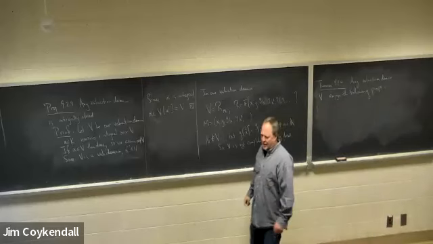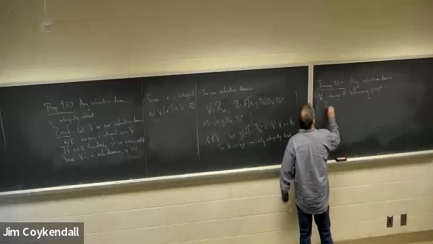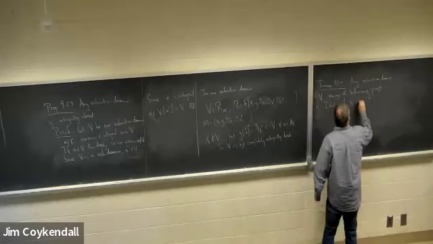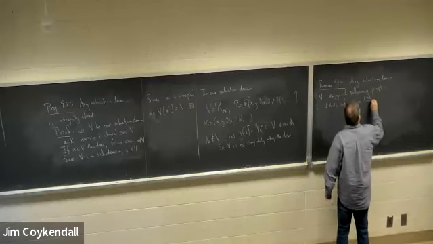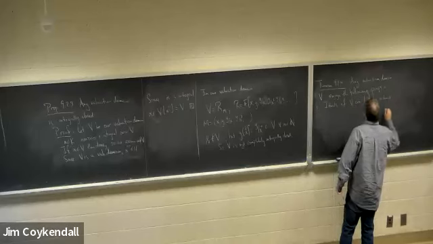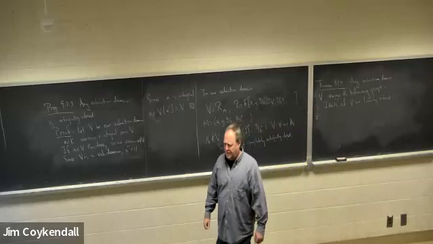Number 1, the ideals of V are linearly ordered. That is, if you pick out any 2 ideals at random in V, one of them contains the other one.